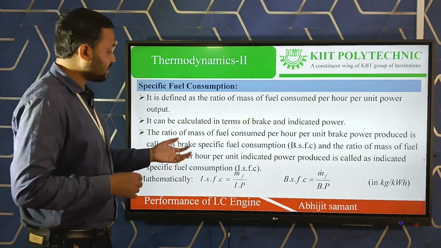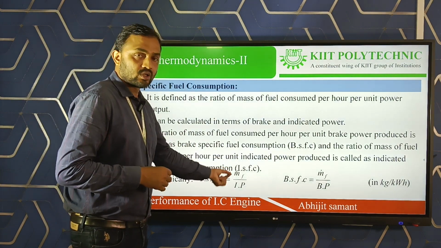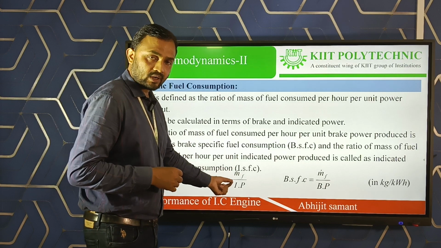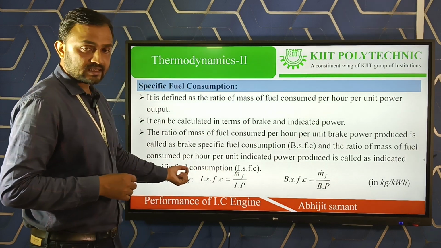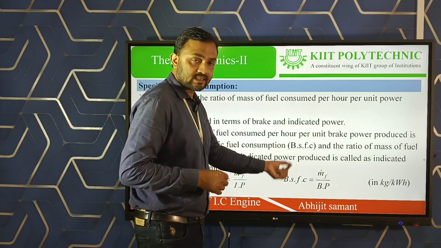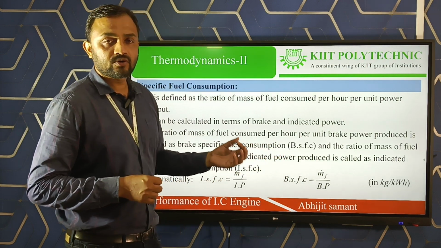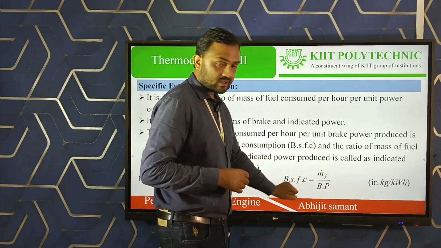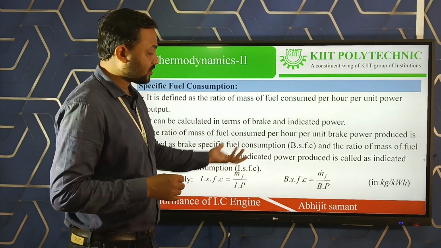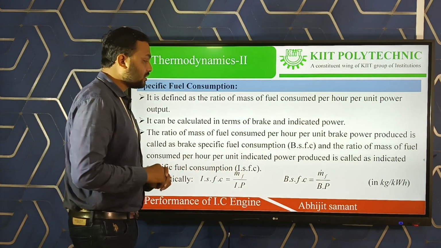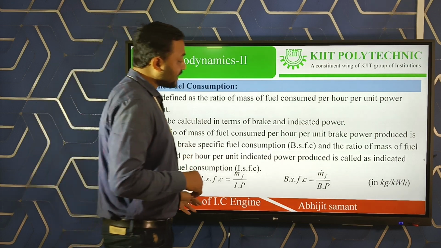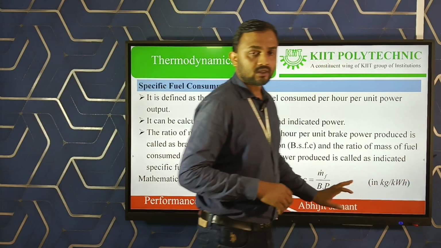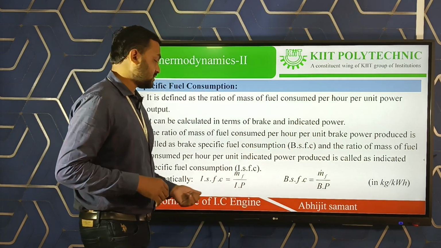ISFC can be determined by m dot f, that is your mass flow rate of the fuel, divided by indicated power, and to determine the BSFC we use the formula m dot f divided by brake power. m dot f is the mass flow rate of the fuel. It is determined in the unit kilojoule per kilowatt hour.